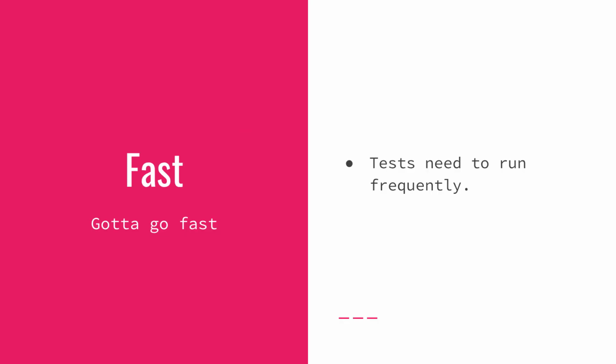So, since this is an acronym, F for fast. Your tests need to be run very frequently, and this makes sense, right? If you're in a continuous integration/continuous deployment environment especially, you're going to be running your unit tests as soon as you finish working on the code and before committing it, and then you would commit it, and whatever CI tool you're using will check out the code and run all the tests again.